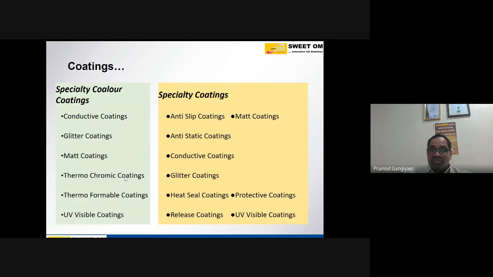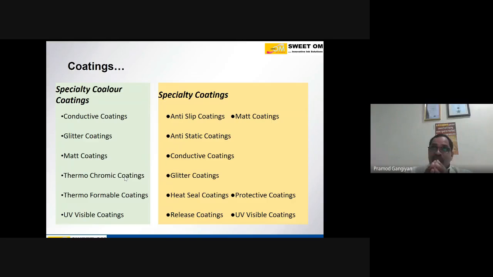Yes. Because earlier it was just in the shell form, and it was printed in the shell form. Now it is basically a sheet form. It is printed by gravure or a flexible industry printing technology, and then we make a coating in such a way that the moment you make it a balloon shape, you give thermoforming, and by applying heat you form it in the shape of an egg, so that whatever is written over there is also expanded in such a way that the ratio is maintained.